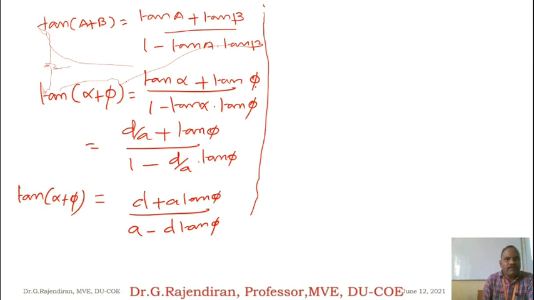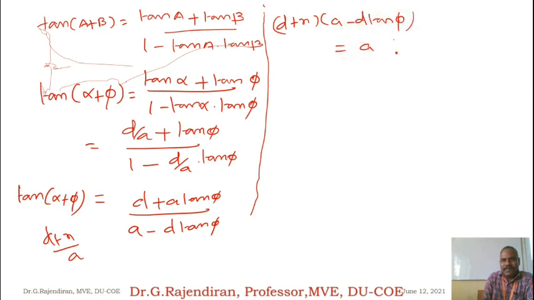Just to make a cross multiplication, what is tan alpha plus phi? d plus x by a, correct? Multiplying this, d plus x into a minus d tan phi is equal to a into d plus a tan phi.